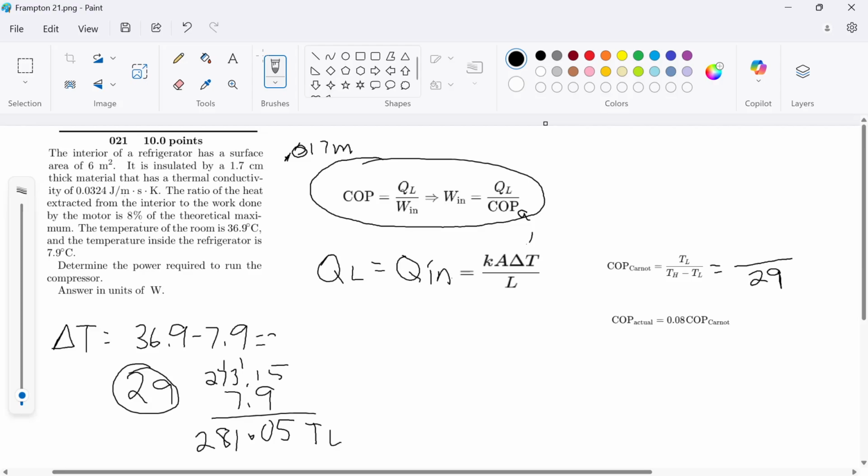All right, how do I find the heat that gets into the system? The heat that I have to pump out is K, the thermal conductivity of the insulating material, times the surface area of the insulating material, times the temperature difference, divided by the thickness of the insulation.